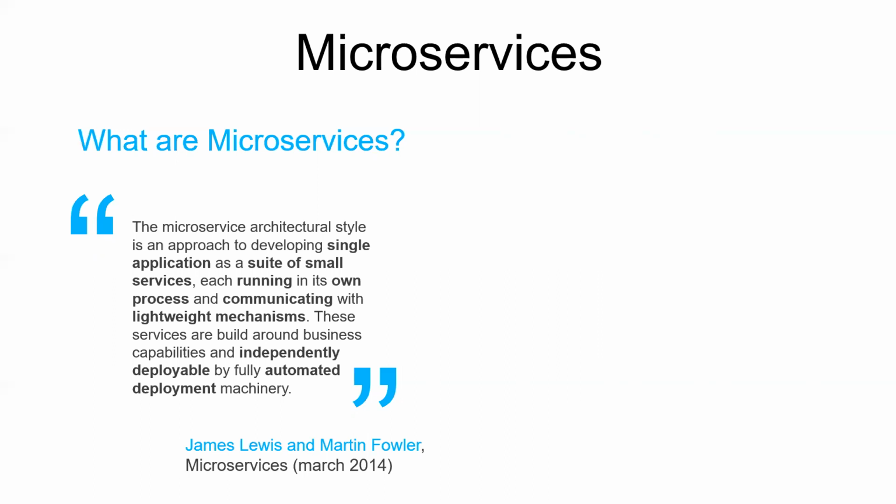These services are built around business capabilities and independently deployable by fully automated deployment machinery. Well, I think that it contains many similarities with what we have introduced a few seconds ago.